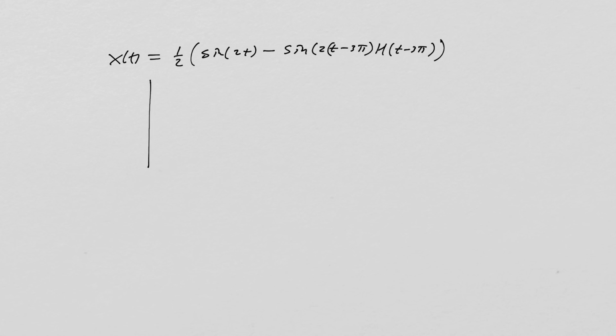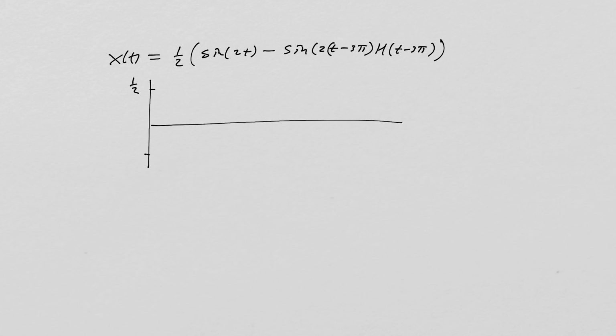My x of t function is 1/2 times sine of 2t minus sine of 2t minus 3 pi, and then we have to put an H of t minus 3 pi on there, a Heaviside step function, like that. And the graph is going to look like this.